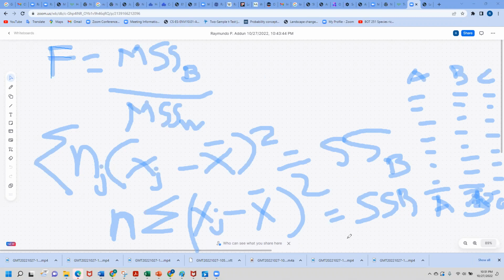Then you add the square difference of the next group, exactly what you did for the first group, and the third group like that. Then you multiply it by the number of objects in one group. So that's your SSB, or your sum of squares between.